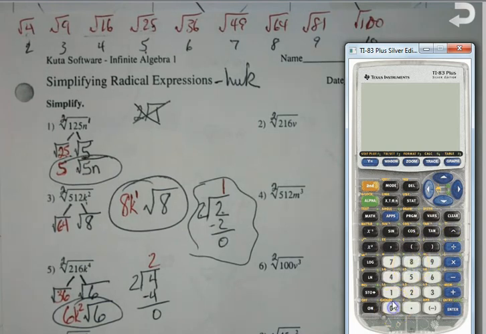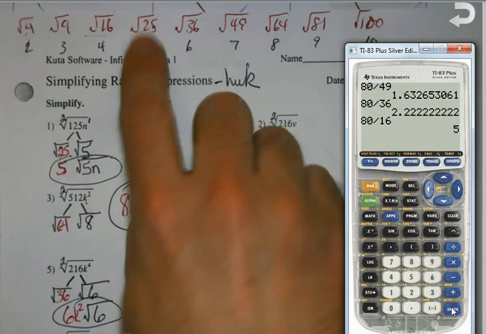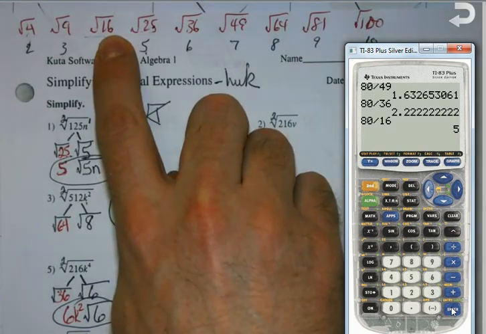Let's say I try 49. Well, that came out a decimal. That doesn't do me any good. So then let's try 36. And I try that. Crap, that's a decimal. That's not doing me any good. So when I get to 16, I see that one goes in. And 16's in my list. It's one of my red radicals.